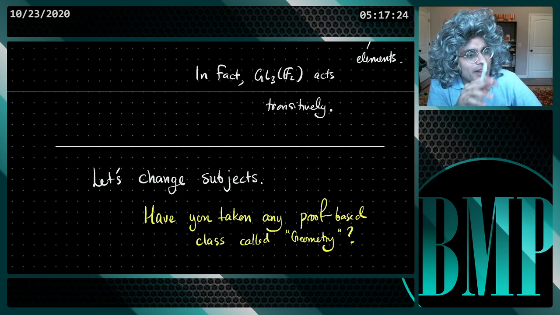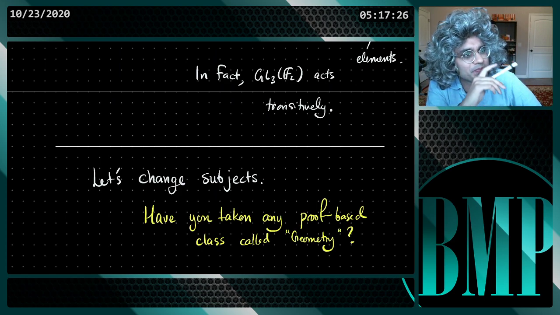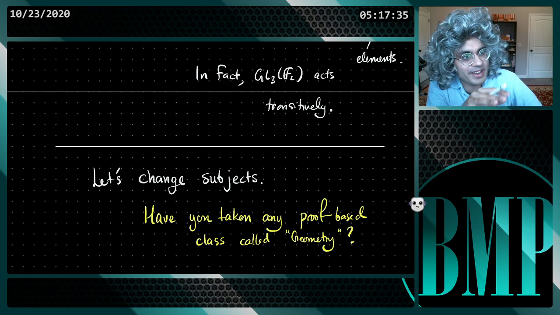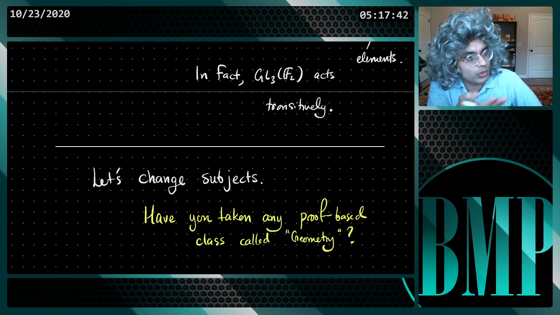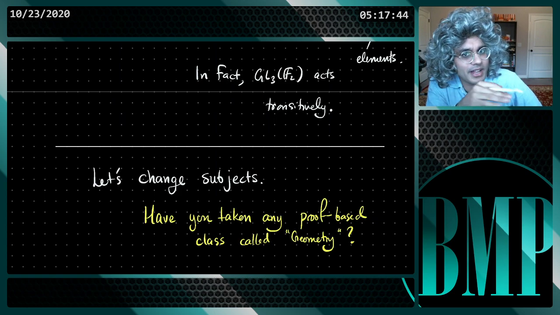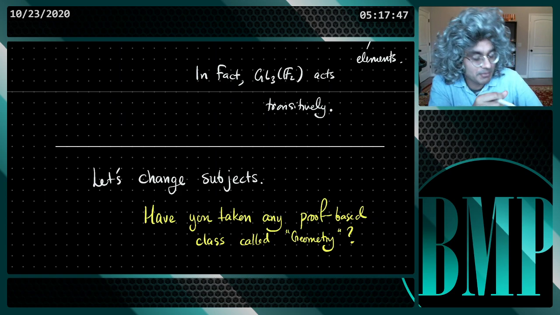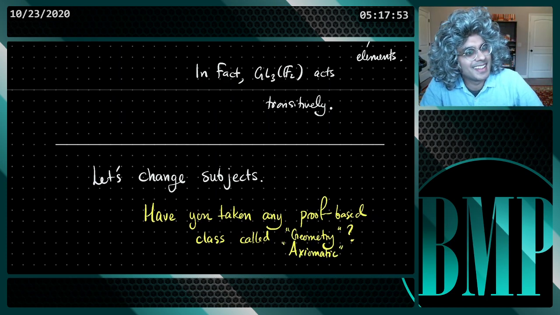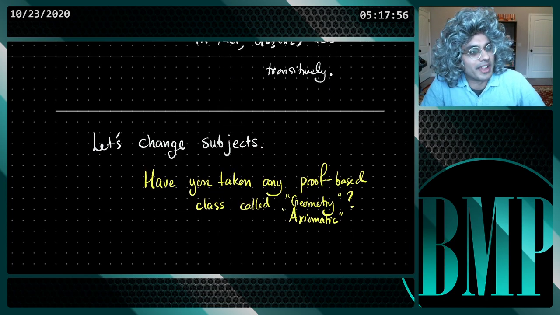Okay, Crow, was it proof-based? Oh, thank you for the compliment. Sloth, you haven't? That's fine, many people have not. Lowest math grade was in geometry. Well, was it proof-based? I'm not talking about high school geometry. Maybe it was called axiomatic.